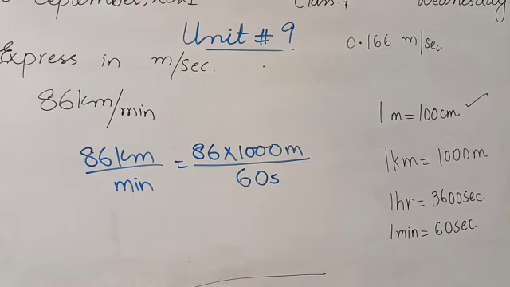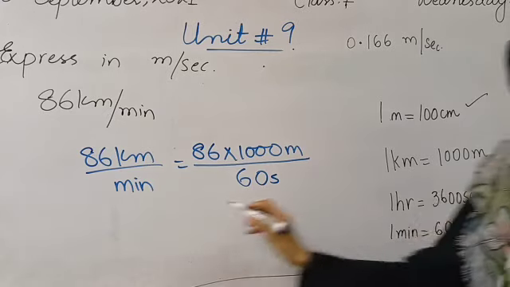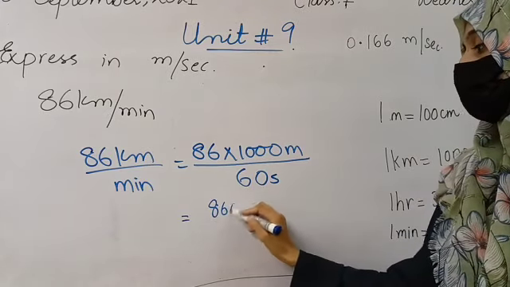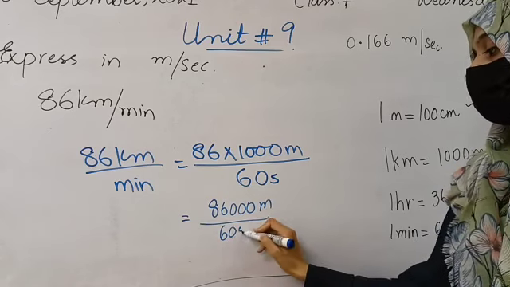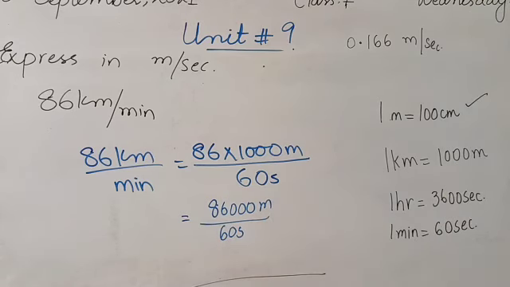Yes, students, is it clear? Now tell me the next step. In the next step, we will multiply 86 with 1000 and divide with 60. Now simplify.